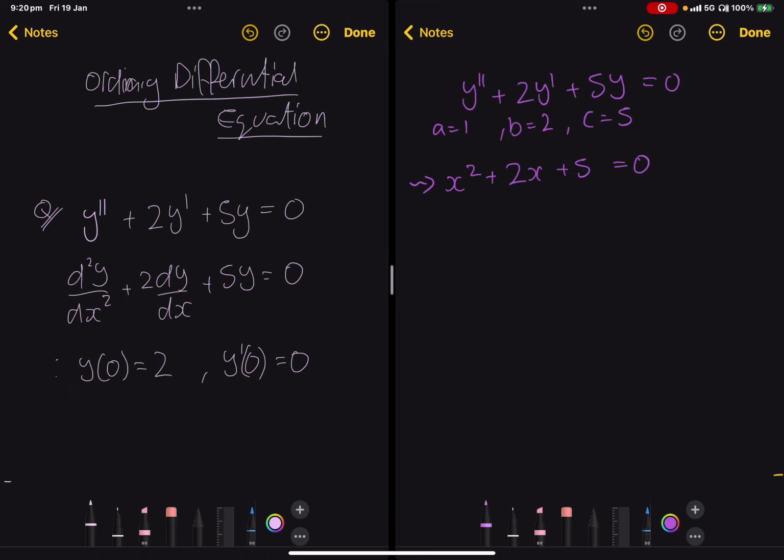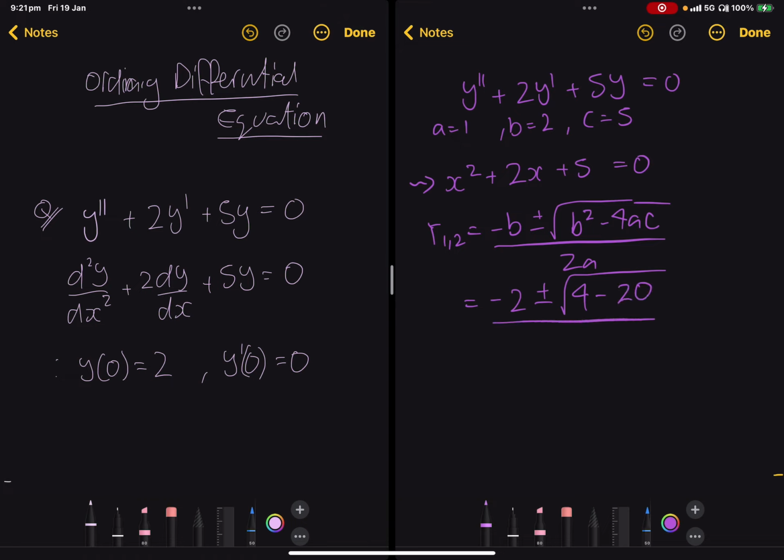So we have roots 1 and 2 are minus b plus minus the square root of b squared minus 4ac all over 2a. So we get minus 2 plus minus the square root of 4 minus 4 times 1 times 5. So 4 times 5 is 20, that's minus 20. This is all over 2 times a, which is 2.